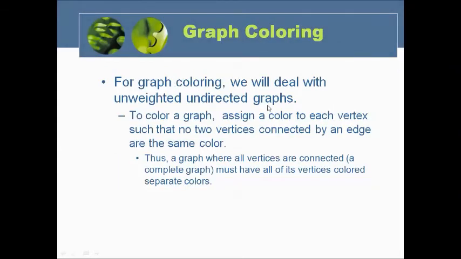Graph coloring. For graph coloring, we will deal with the unweighted or undirected graphs. To color a graph, assign a color to each vertex such that no two vertices connected by an edge are the same color. Thus, for a complete graph, where all vertices are connected, all of its vertices must be colored a separate color.